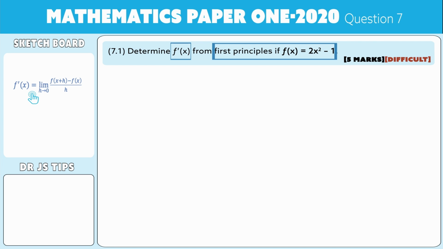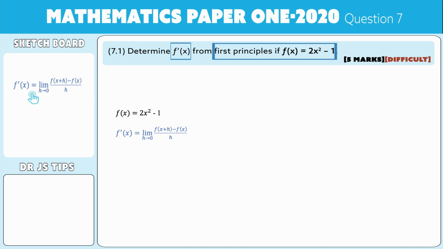So let's look at 7.1. The limit when h approaches 0 of f of x plus h minus f of x, all of that over h is what we're looking for. Then we have the first derivative.